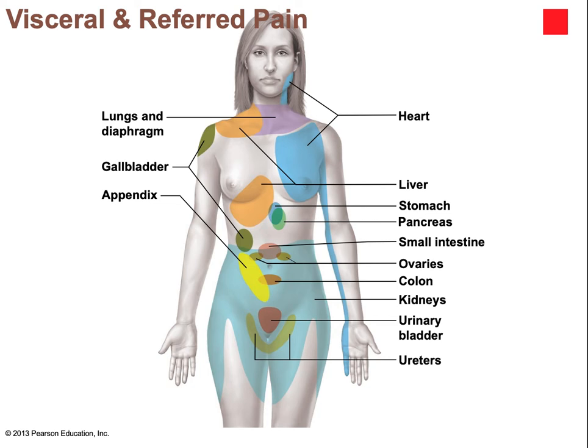This is an example of something called referred pain. Stimulation of visceral organ receptors can be felt as vague aching, gnawing, or burning. It's activated by tissue stretch, ischemia, chemicals, and muscle spasm. This referred pain is pain from one body region that's perceived in a different body region.